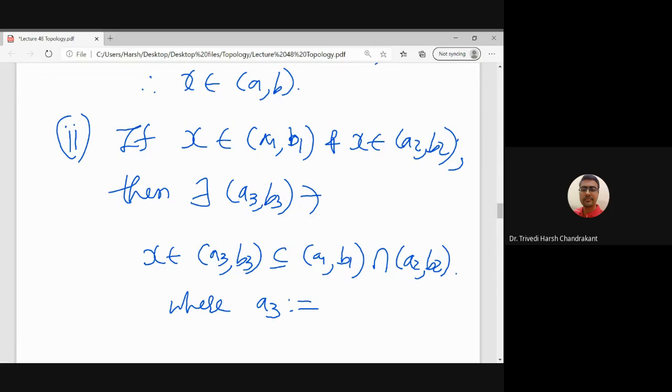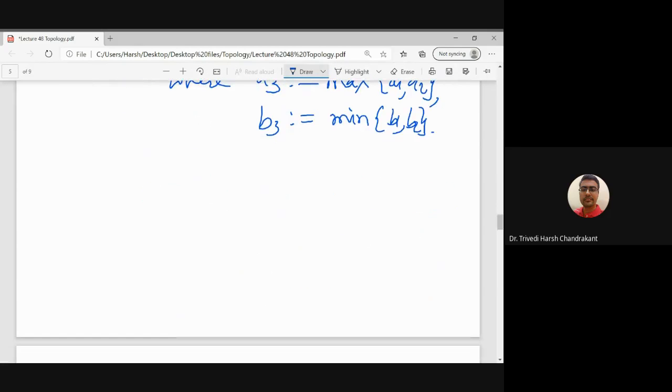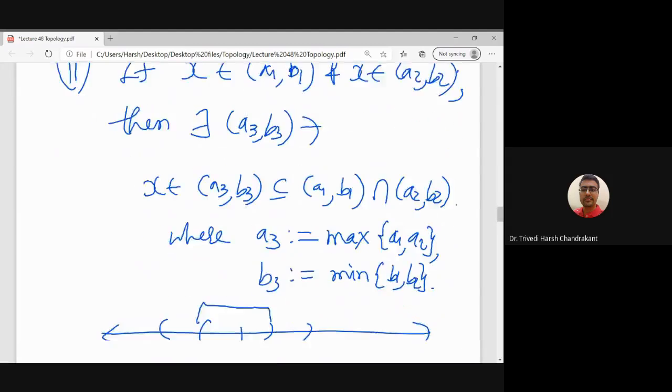So a3 is the maximum of a1 and a2, and b3 is the minimum of b1 and b2. It is clear, because if I have two intervals (a1, b1) and (a2, b2) which contain x, then I can always find an interval which is contained in both intervals and contains x.